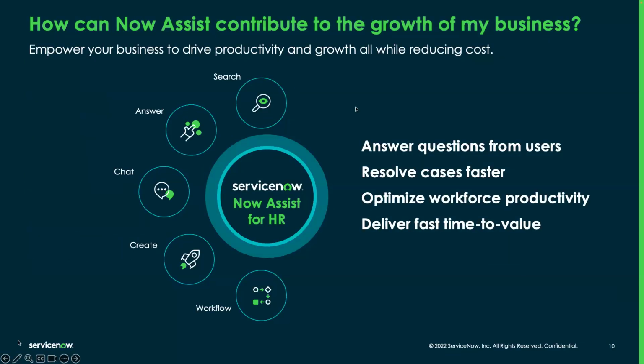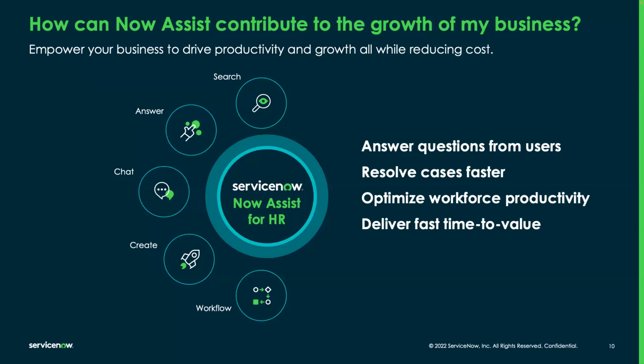So how can Now Assist contribute to the growth of your business? There's things that we could do, like answering questions from users, so we don't have to engage an agent, so giving that better experience. We can resolve incidents and cases faster. So using those resolution notes, using summarization, and some automation that we have with Now Assist is just improving the business.